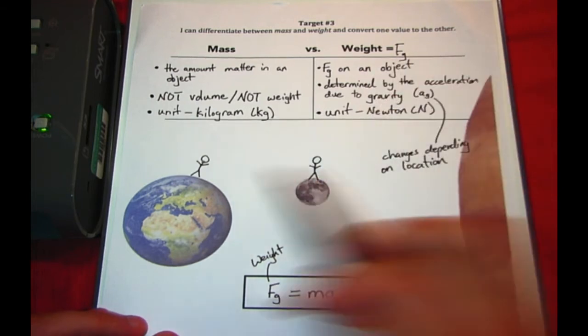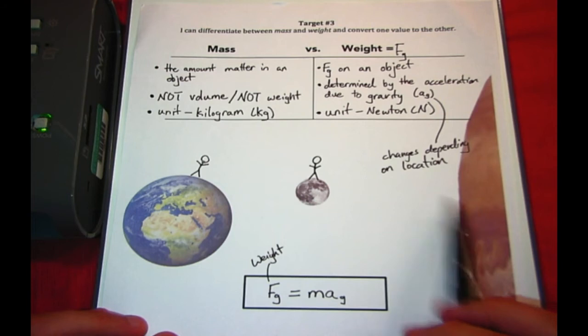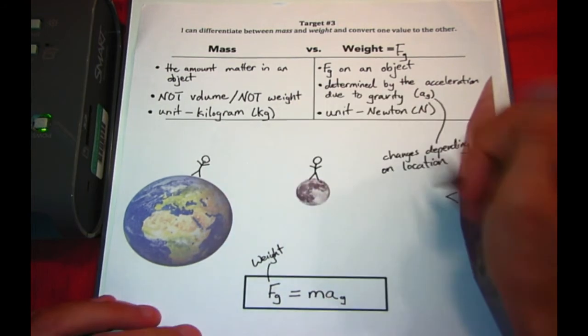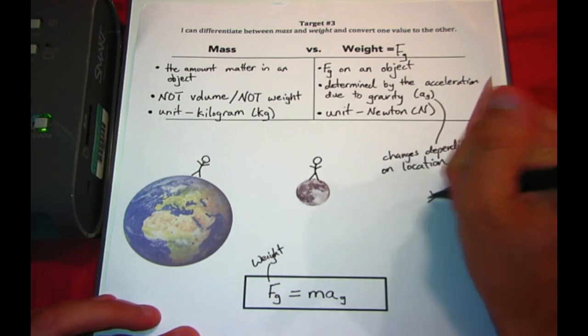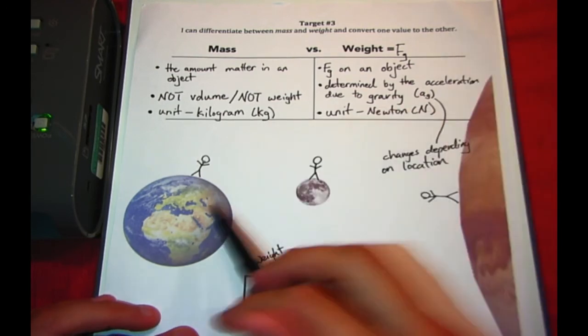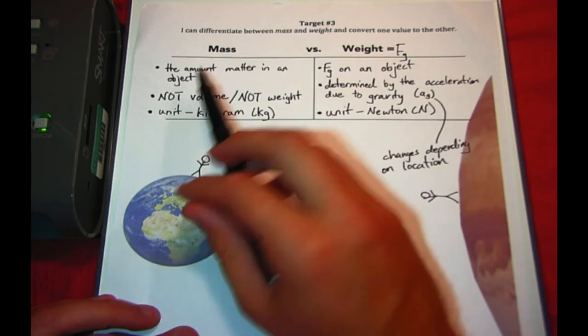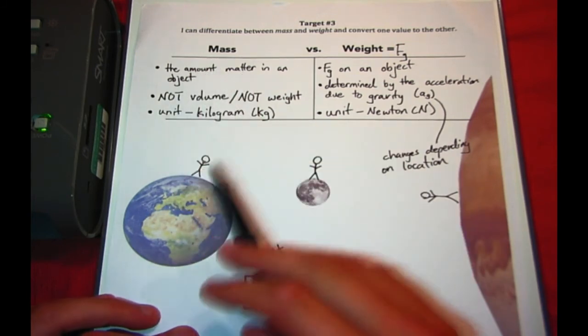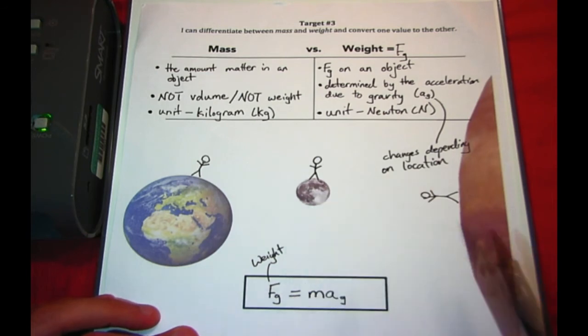So let's go over an example looking at these three planets, and I know the moon's not a planet, where we have the same person on each planet. Now his mass, the amount of matter, the amount of atoms that make up his body, no matter where his location is, is not going to change.